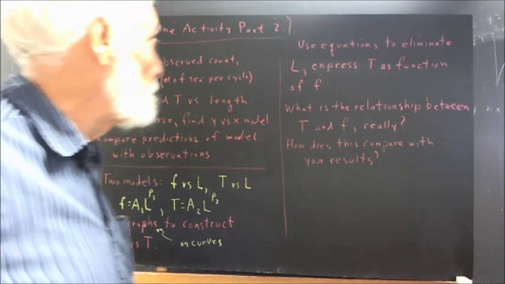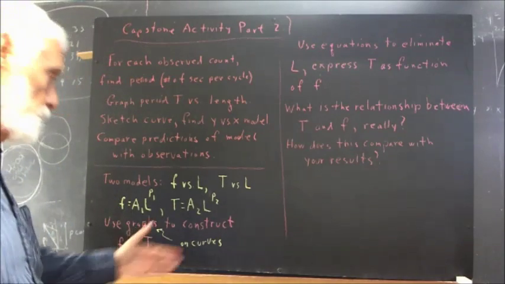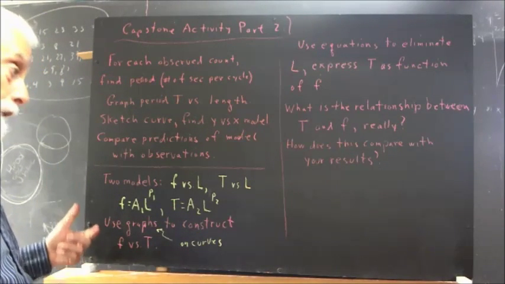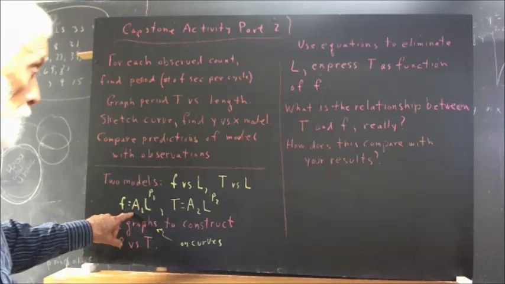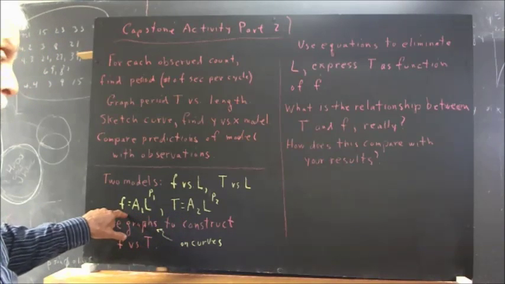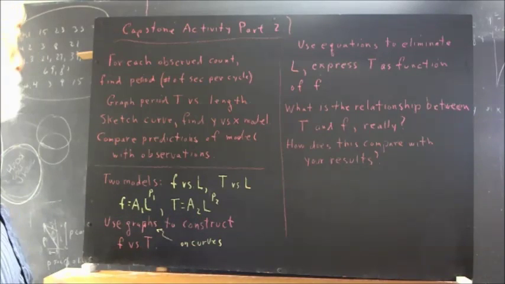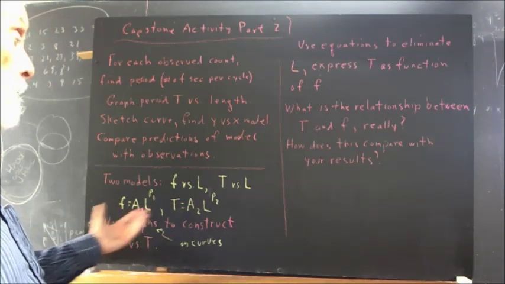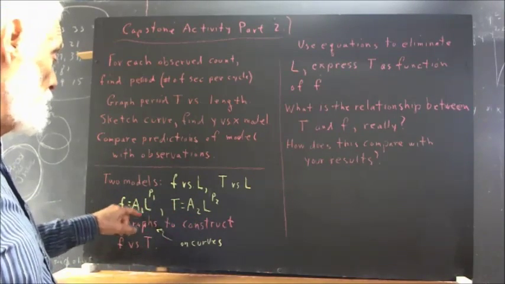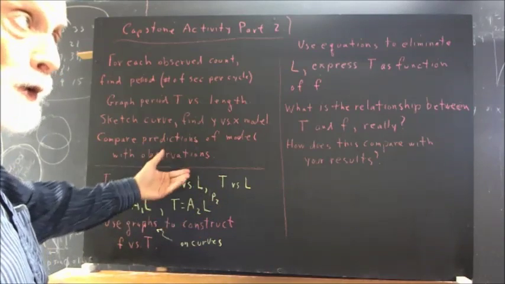Now, having done that, I want you to do something else with those two models, okay? When you take these two models here, your model for F versus L and your model for T versus L, this gives you two simultaneous equations. Remember that a1, p1, a2, and p2 are just going to be numbers.